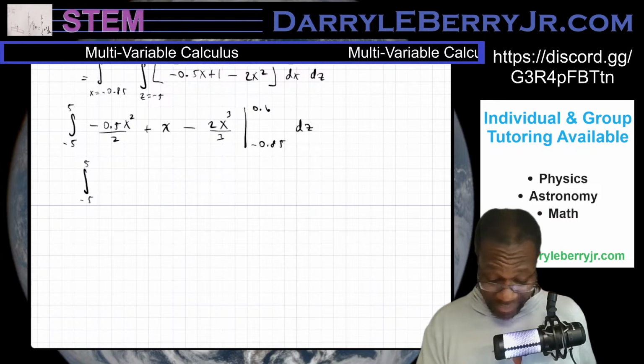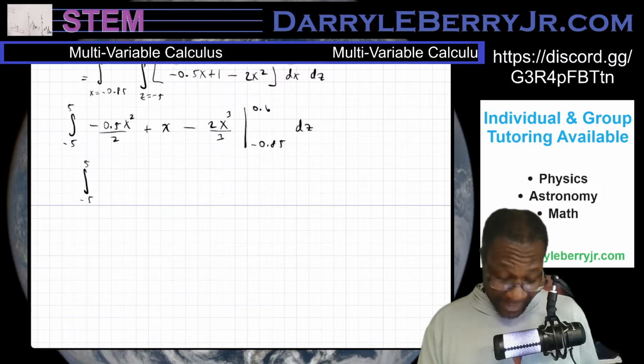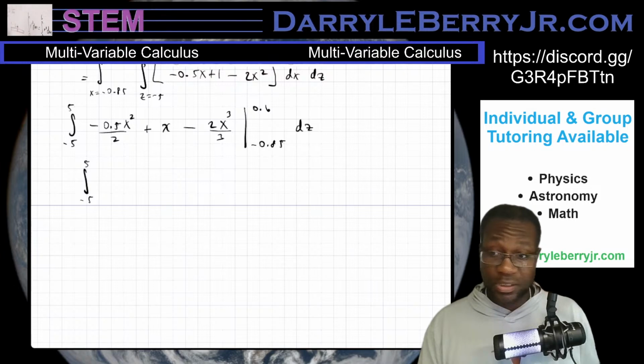And then we have to subtract everything. So then it'll be minus the first thing, so that's plus 0.5. And if anything is not clear, let me know.